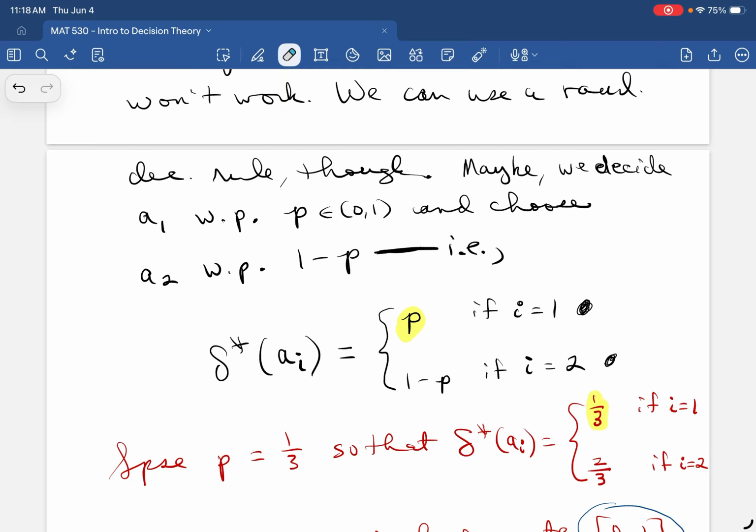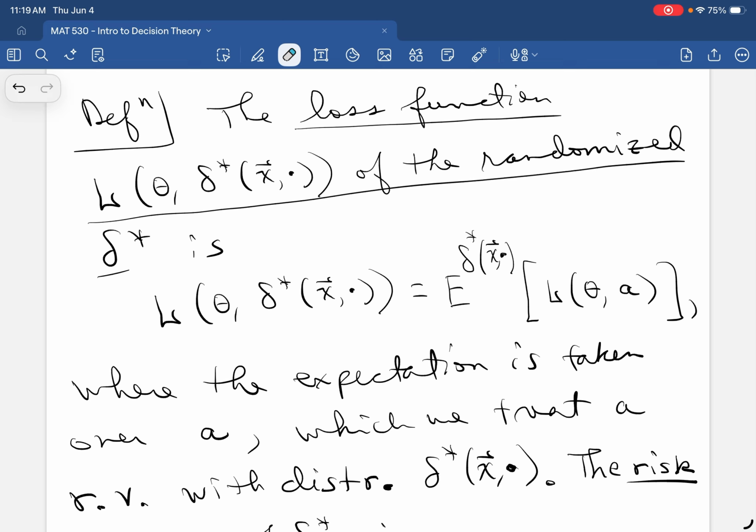But we did not talk about the loss function for a randomized decision rule. Remember, we know what loss functions are, and the randomized decision rule gives us a probability distribution over the action space.